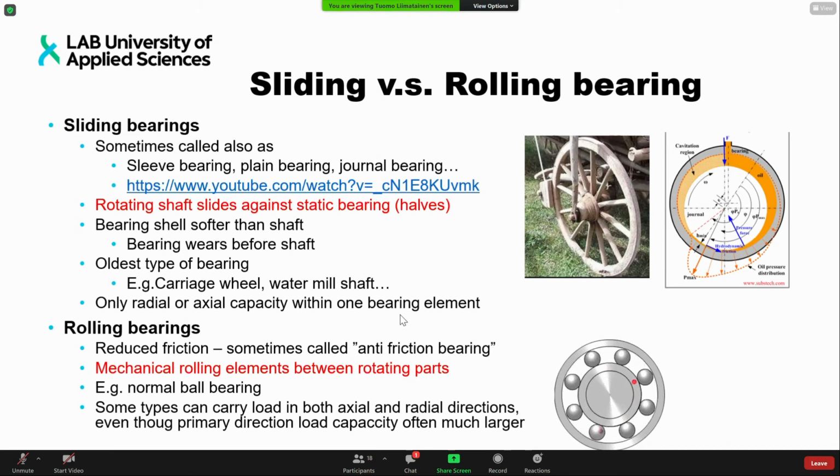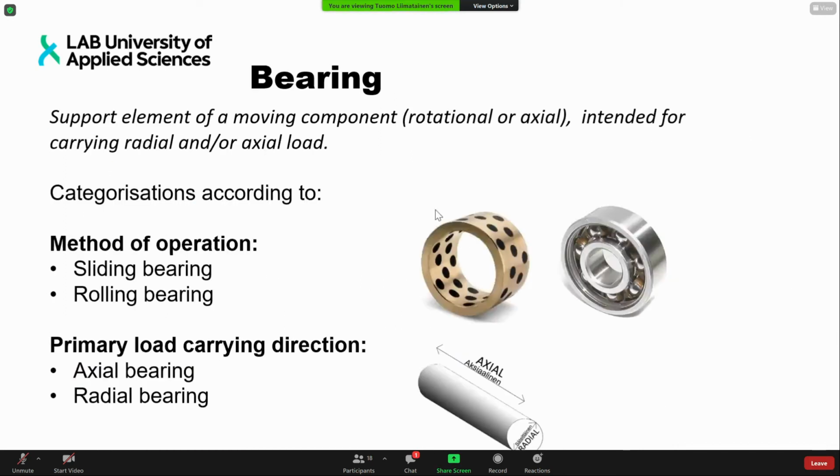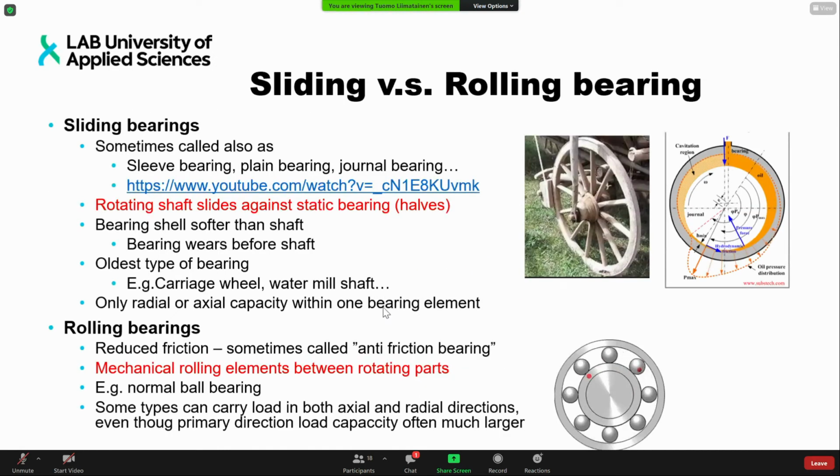So as you can understand, if we have a sleeve like this, it will only carry radial load, and if we want to introduce axial load carrying function, we have to perform the sliding surface in axial plane, and therefore they need separate bearing elements if we want to have that from the same bearing.